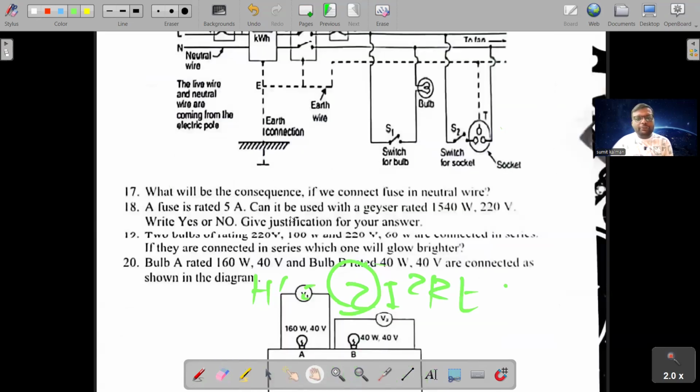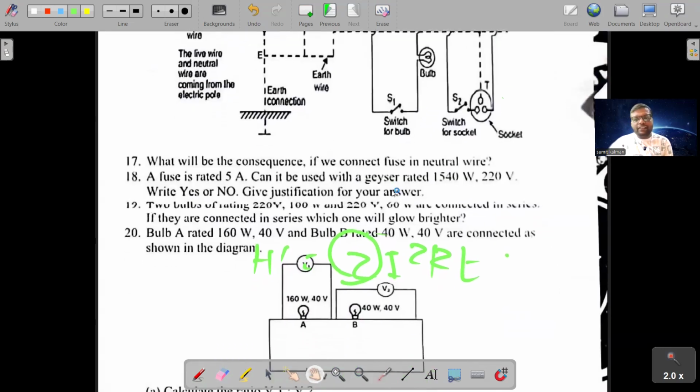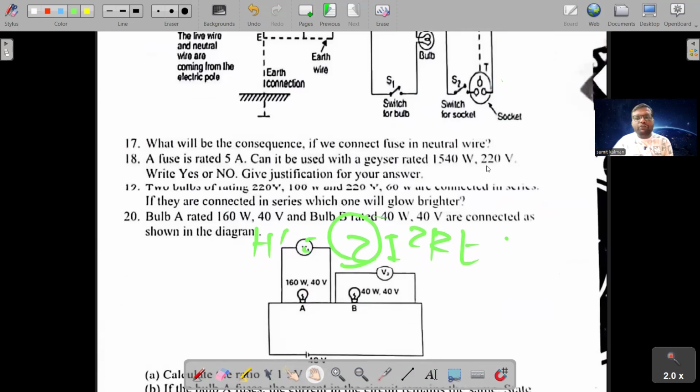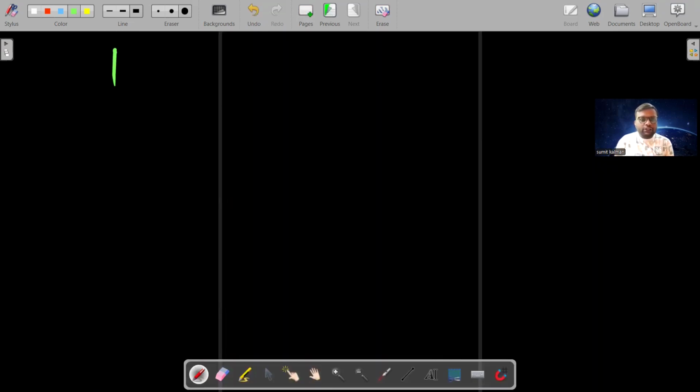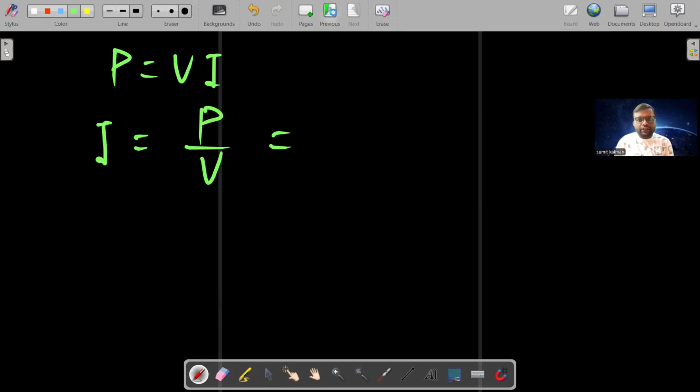A fuse is rated 5 ampere. Can it be used with a geyser rated 1540 watt, 220 volt? Yes or no, give justification for your answer. Just see, the rating of the fuse is 5 ampere, and they are asking whether it can be used with a geyser rated 1540 watt, 220 volt. Power is equal to voltage into current, so current is equal to power upon voltage.